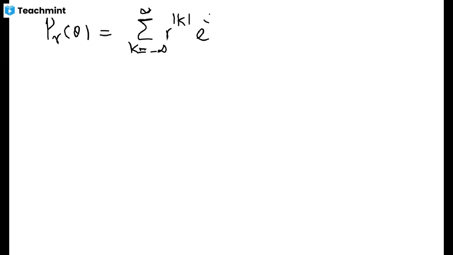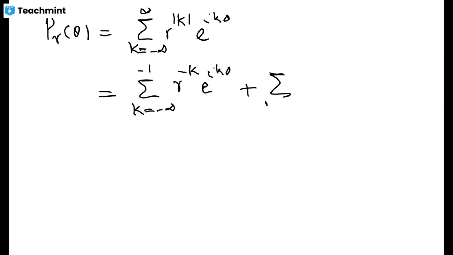There are some immediate properties of this Poisson kernel. For example, we have this series P_r(theta), the sum from k equals minus infinity to infinity of r to the power mod k, e to the power i k theta. If I break this into two parts, k from minus infinity to minus 1, by the definition of mod, it has to be r to the power minus k, e to the i k theta, plus k from 1 to infinity, r to the power k, e to the i k theta.